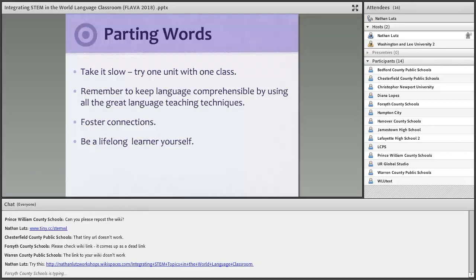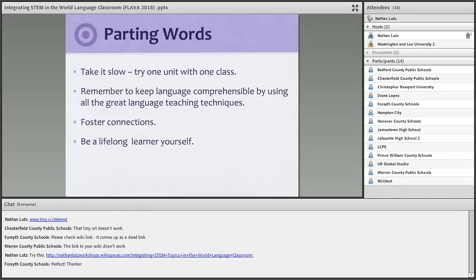I said foster connections. And be a lifelong learner yourself. I had mentioned the example of when I was doing something for a unit on states of matter, and the way I was depicting gases was not quite accurate. I got called out on it by a colleague, and yeah, burned a little bit at first, but I leaned into it and accepted I'm not a scientist. I just play one occasionally in my classroom.